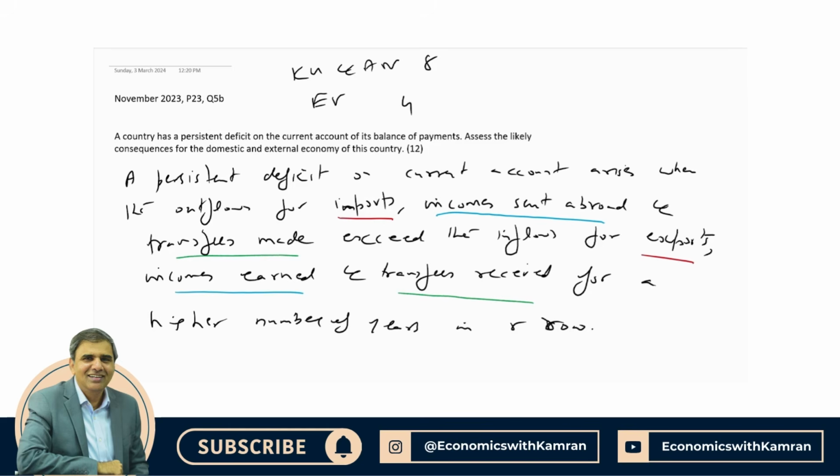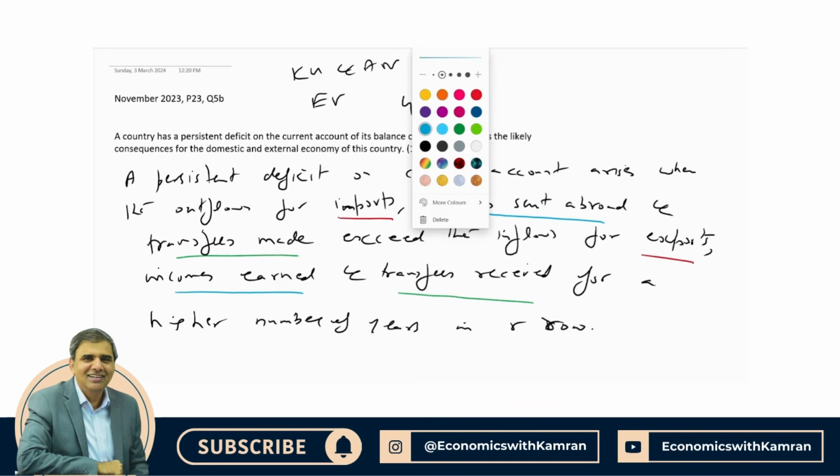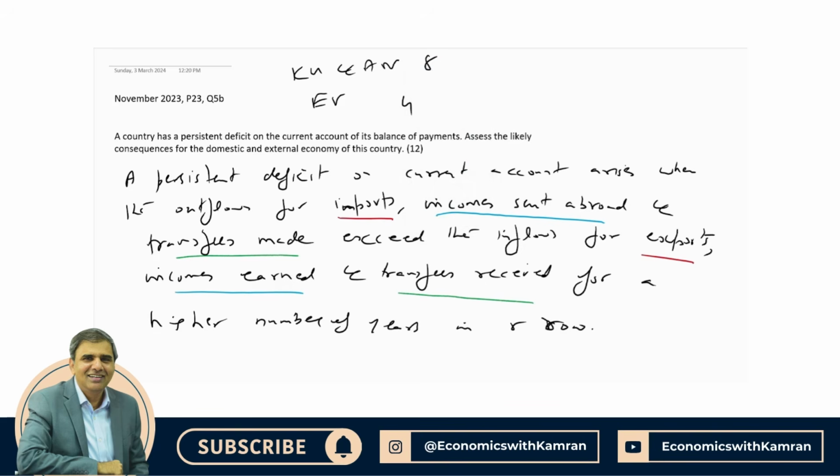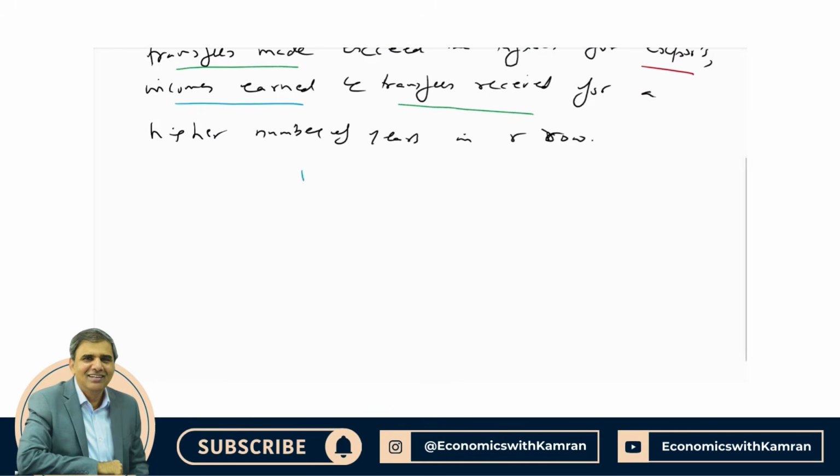We now move on and discuss the consequences of a current account deficit for the domestic economy. Domestic consequences. Remember, do not give headings when you write an essay in paper 2 or paper 4, but I am giving headings for your better understanding. So, domestic consequences of a current account deficit.